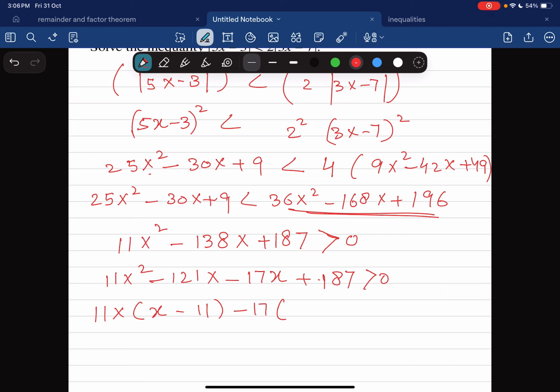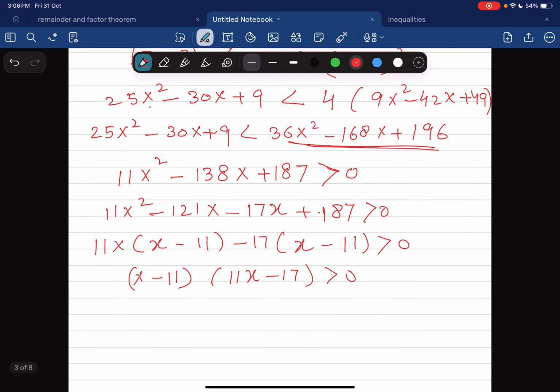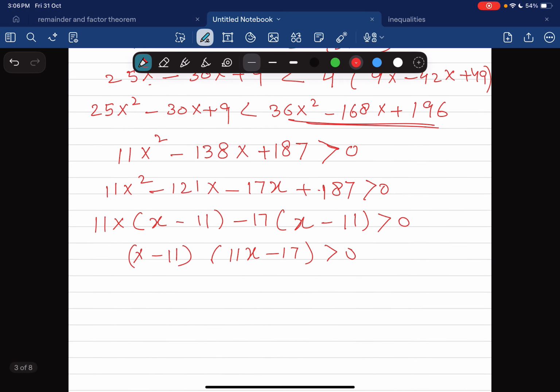When we take minus out, the inequality sign will change. So this is greater than 0.